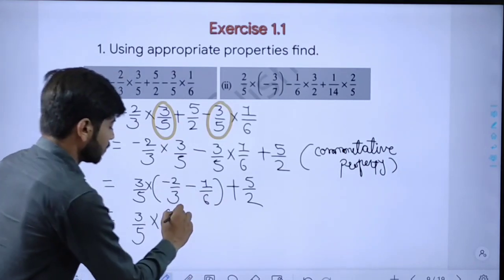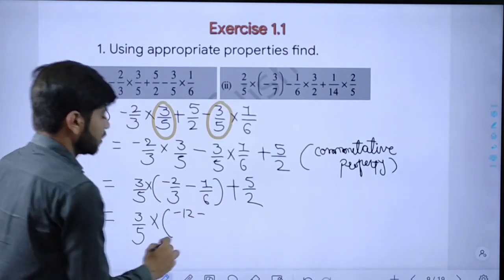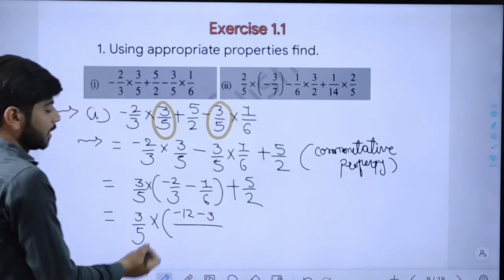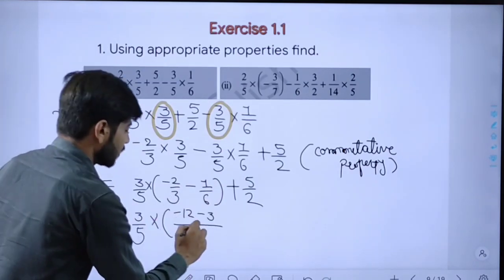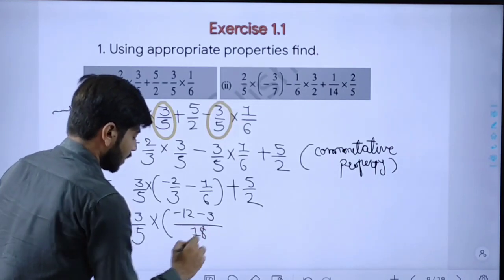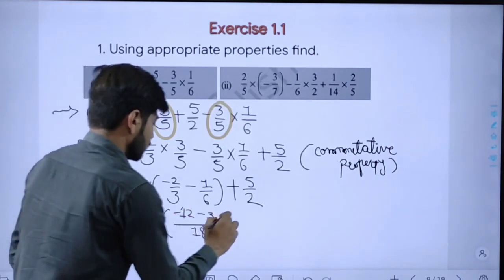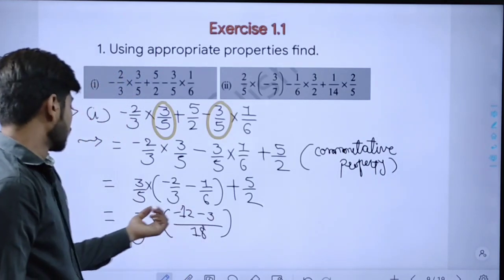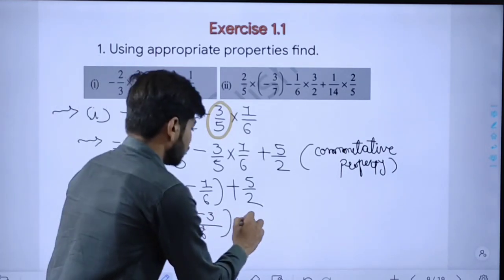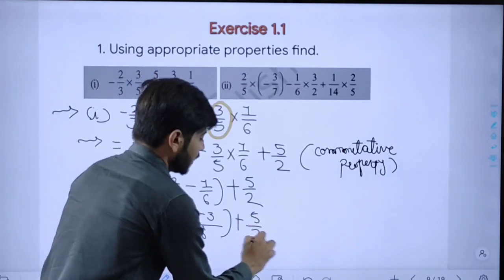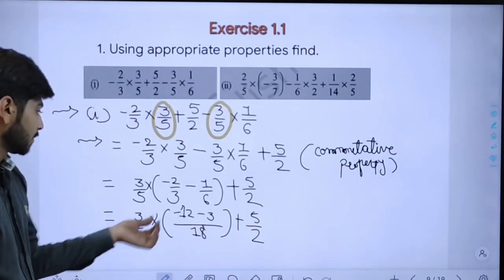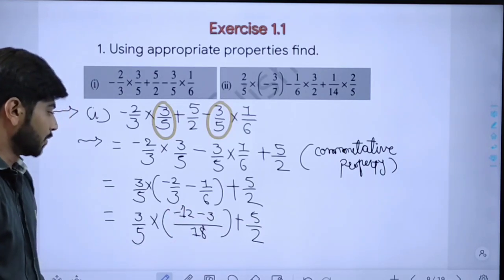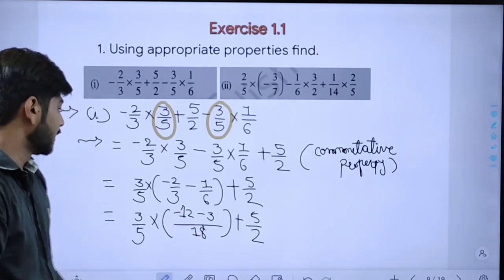So 6 2s are minus 12, minus 3 1s are 3, and in the denominator 6 3s are 18. So we will put 5 upon 2 at last. Now you can see minus 12 minus 3 will be minus 15, minus 15 upon 18.